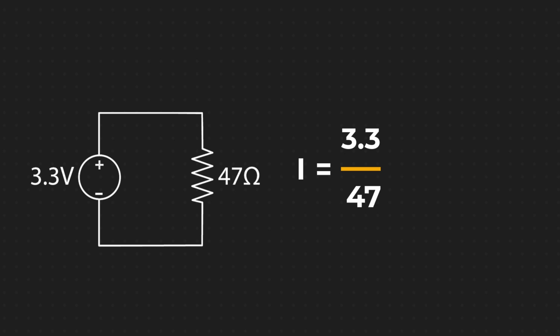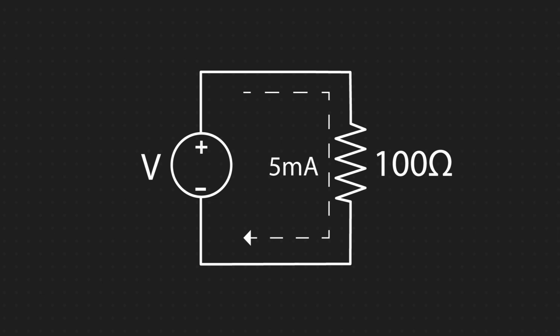Let me calculate that here real quick in my calculator. And we're going to have that the current in this circuit is equal to 0.0702 amps. But if we use scientific notation, this is going to be equal to 70.2 milliamps.